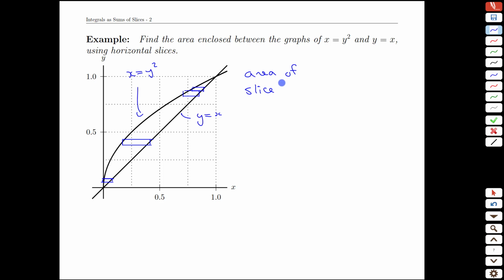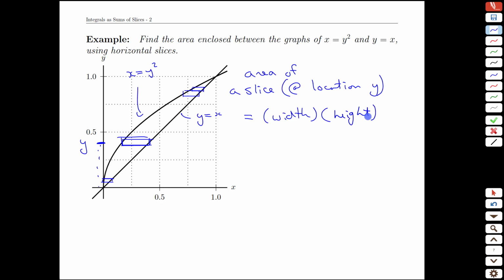So the area of a slice, and let's make this more specific, at location y. So imagine going up to some y value and finding the width. Well, that's going to be one of the ingredients, and the height is going to be the other ingredient for the area of the rectangle. And the height is the easy part, it's delta y.